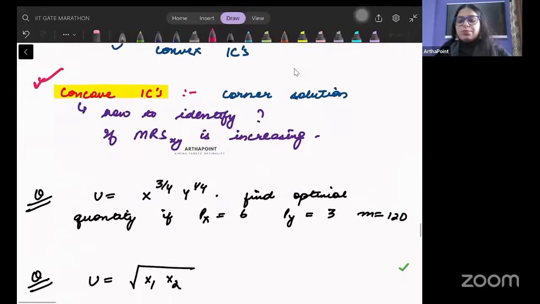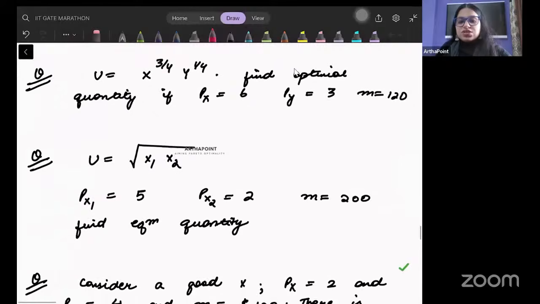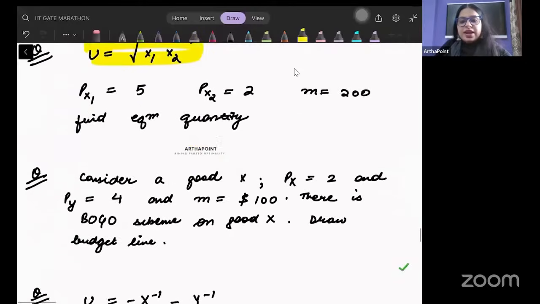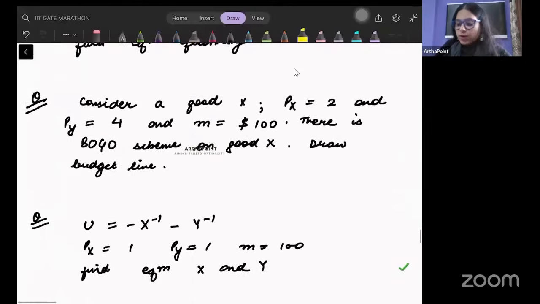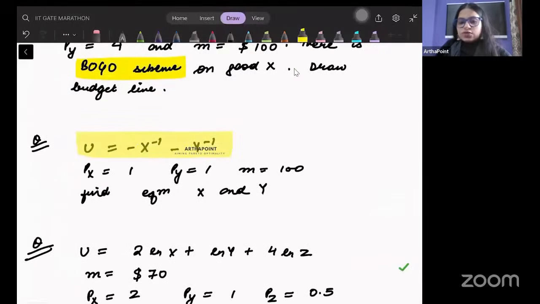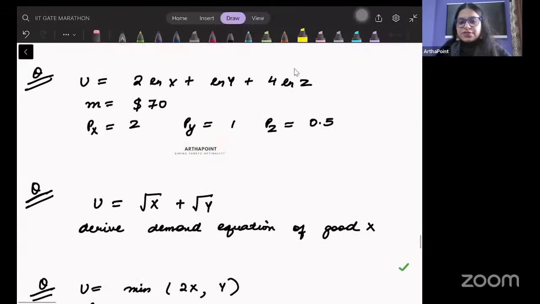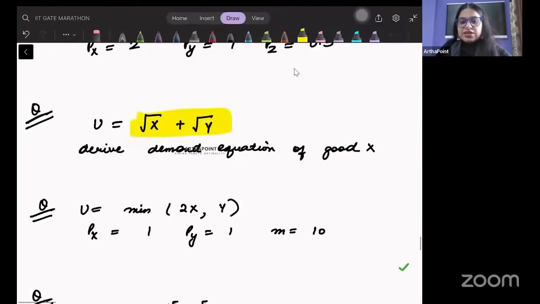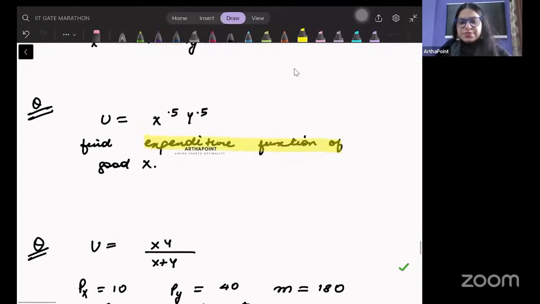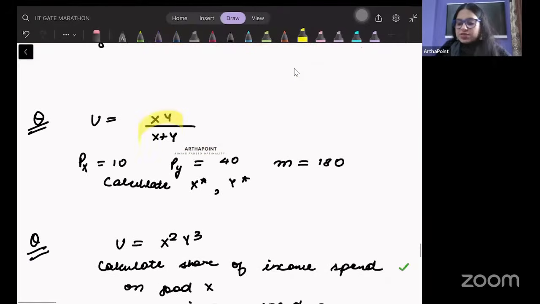Now, post this, I have posted some questions here in which I have taken Cobb-Douglas function, and then I have given you one question on the BOGO scheme, and then one question with a transformed utility function with 3 good utility function, quasi-linear, complementary goods, finding the expenditure function, transformed utility function.